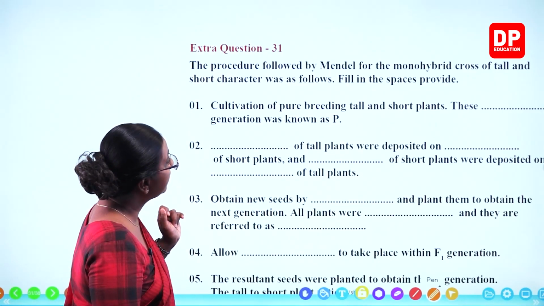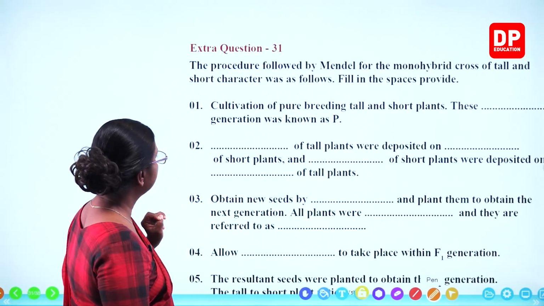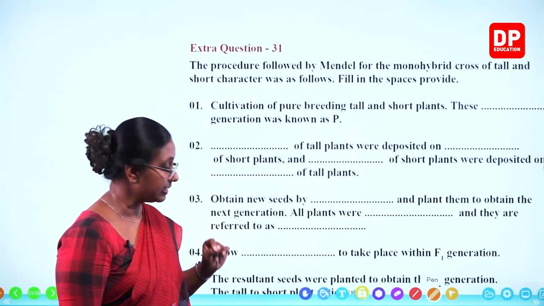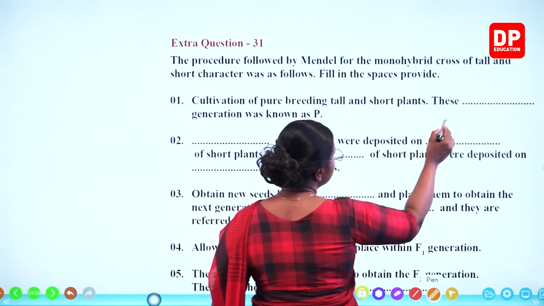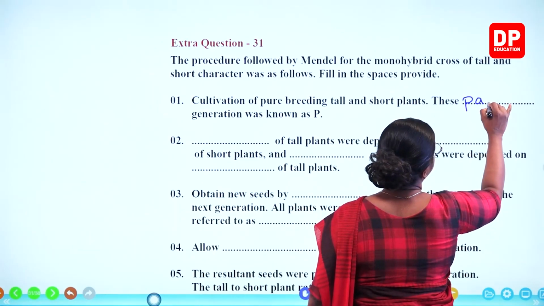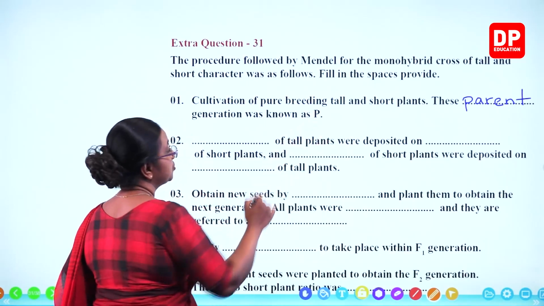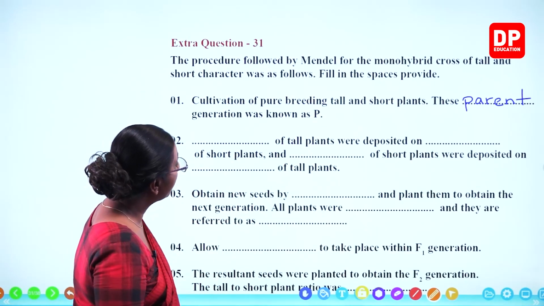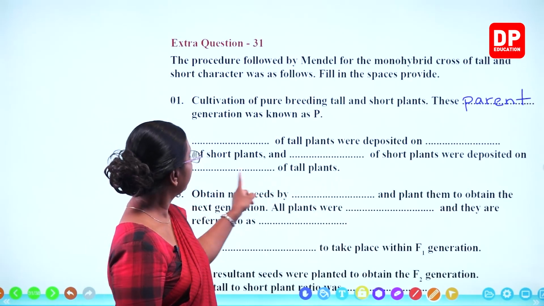Cultivation of pure breeding tall and short plants. These dash generation was known as P. What is that? Parental generation. So there you have to write the word parent generation was known as P. You use the letter P. Then blank of tall plants were deposited on the blank of short plants.